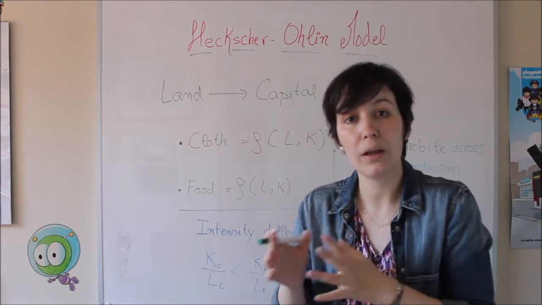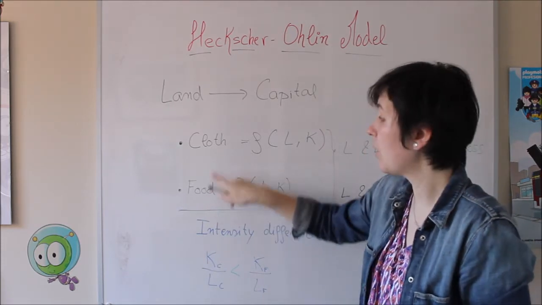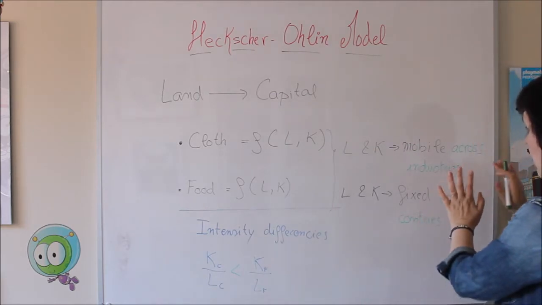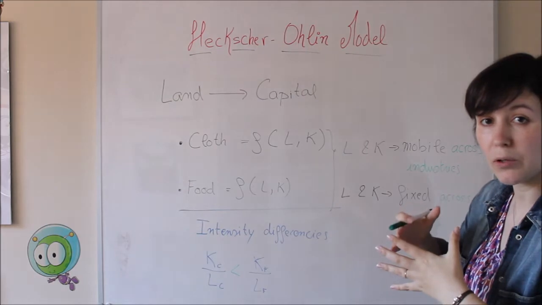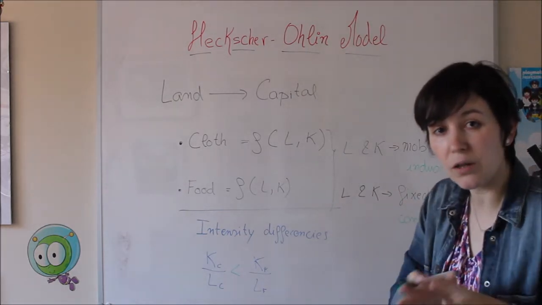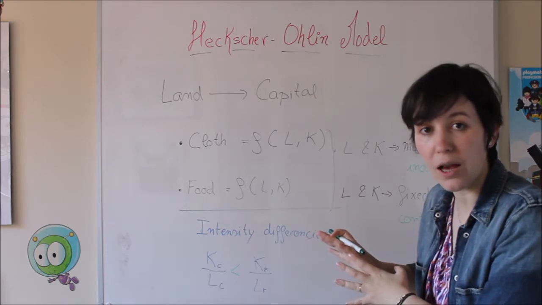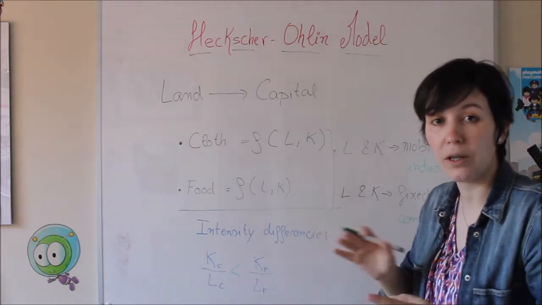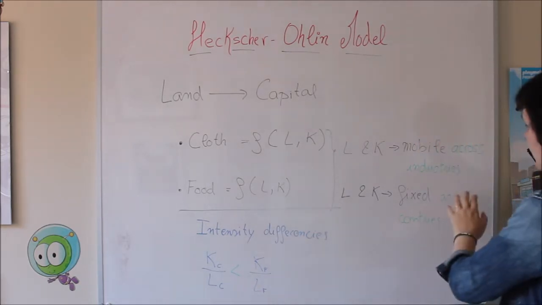So you can spend that money buying land or buying a new machine. This is one of the differences with respect to the previous model, because in the previous case, capital was fixed for one industry and land was fixed for the other industry, and labor was the only factor moving between industries. Now, both capital and labor move across industries.